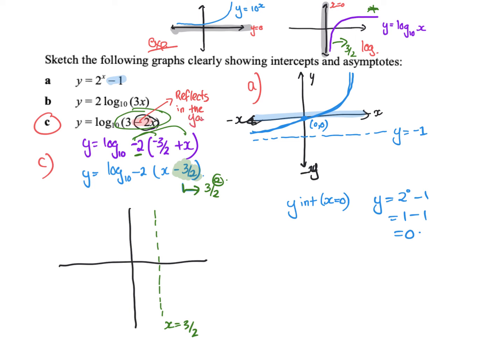Yeah? Is that what you're going to say? Yeah. So really, if it wasn't negative, we would look like this, the log like that. But now, because it's negative, we're going to reflect that line in the y-axis or in the asymptote. So it looks like that.